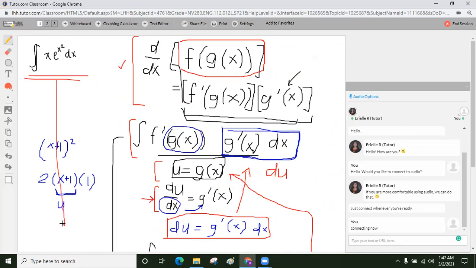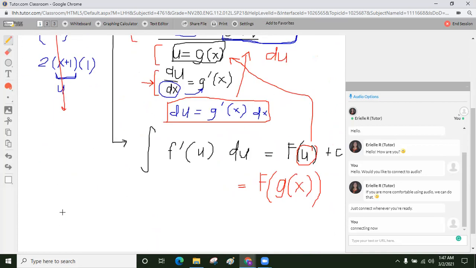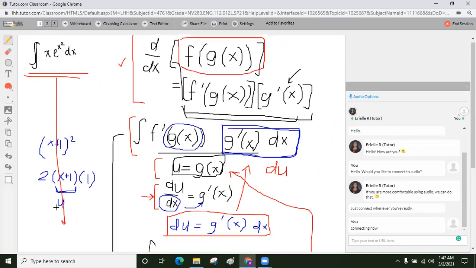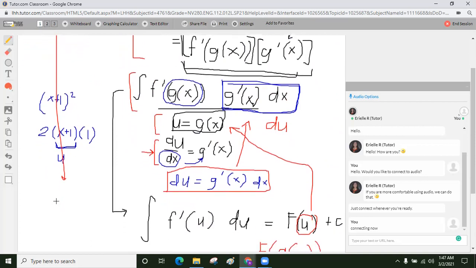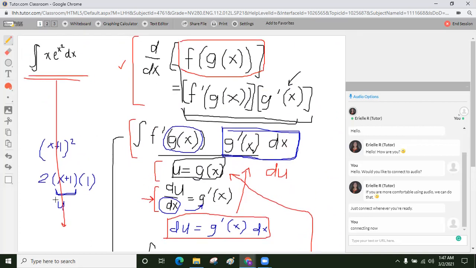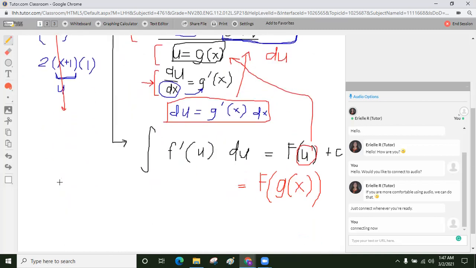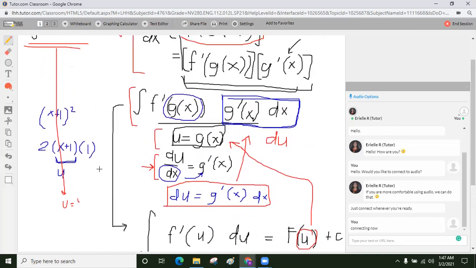But here, I guess our u will be x squared. Okay.